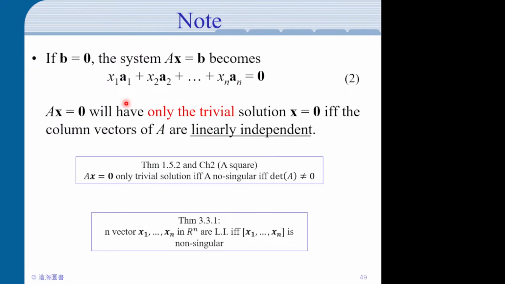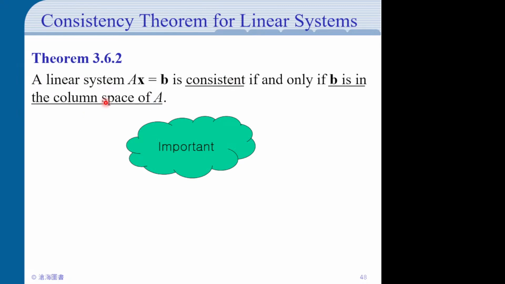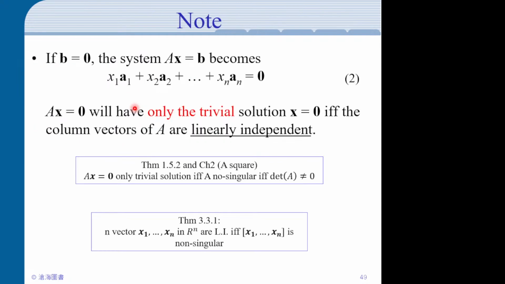Then we start to think about how many solutions it has, from this theorem, and that will say something about our column space. First, let's go to this special example of B equal to 0.